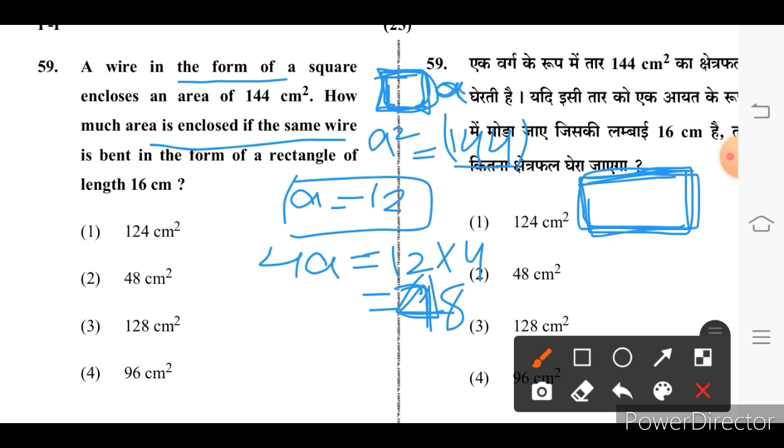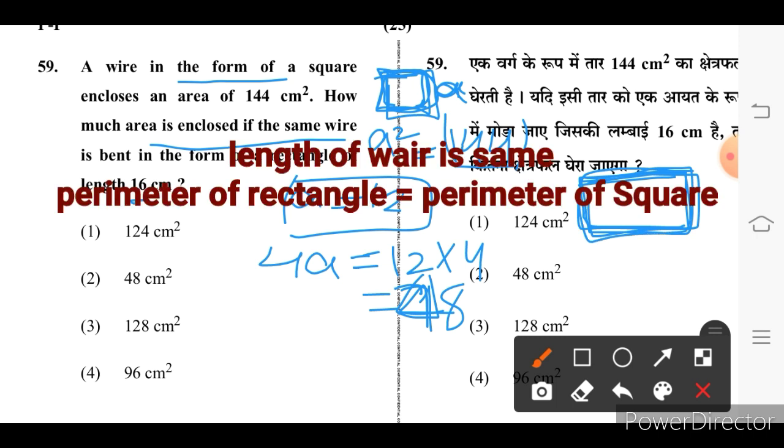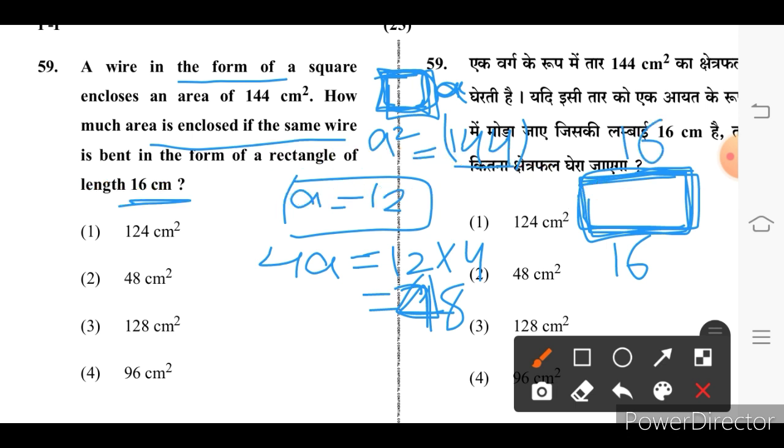So the total perimeter is 48. One length is given as 16, and this is also 16. 16 plus 16 is 32. Minus 32 from 48, remaining is 16. So 16 means here 8 and here 8. These are the sides of the rectangle.